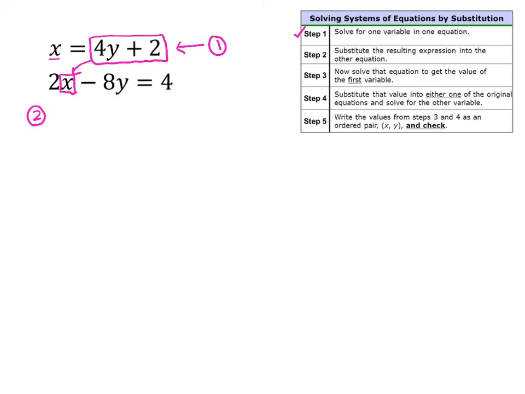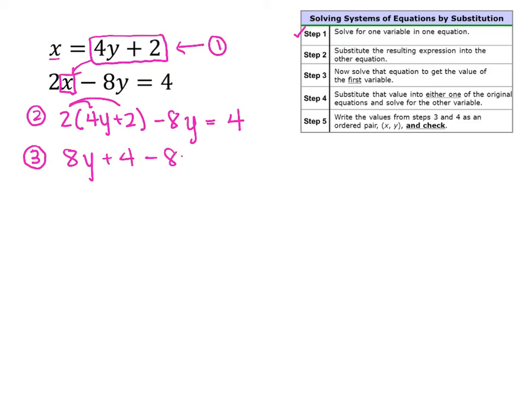So when I'm done with step 2, it should look like 2 times 4y plus 2 minus 8y equals 4. How can I solve for y? Well, in step 3, I'm going to start by distributing to undo those parentheses. So 8y plus 4 minus 8y equals 4.